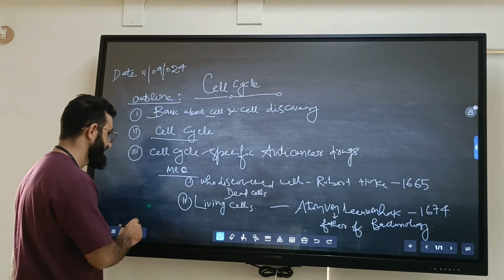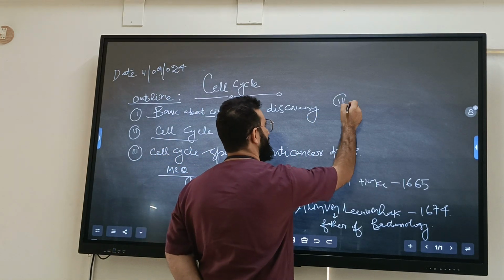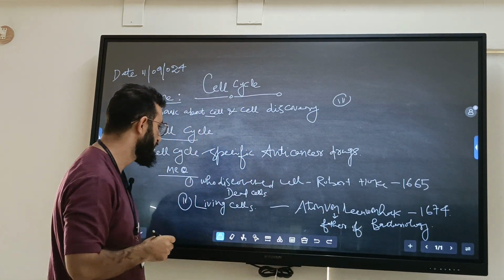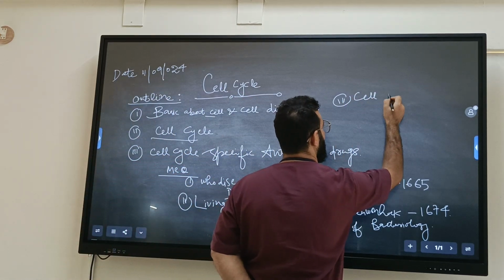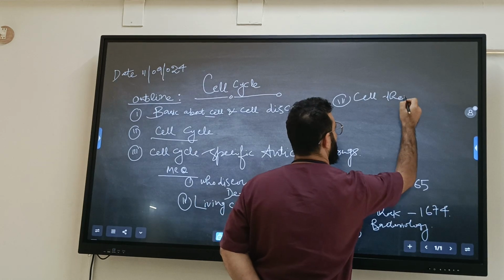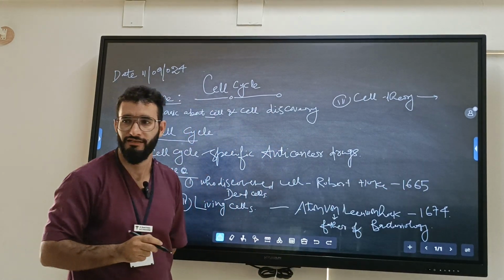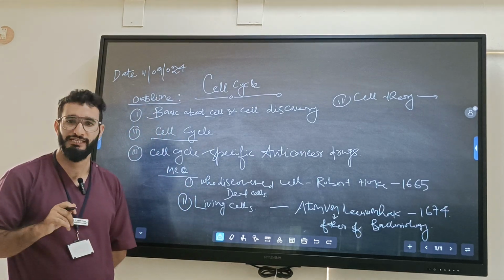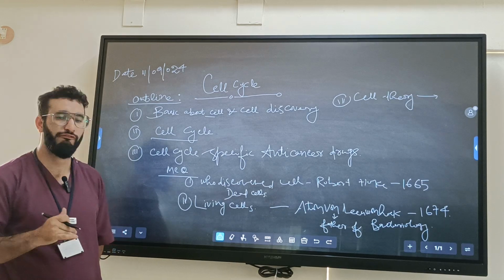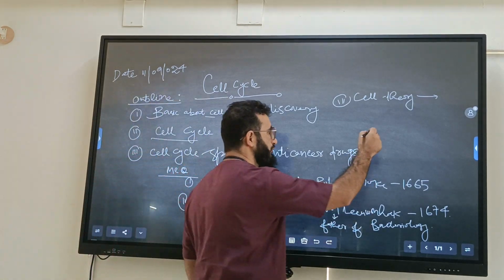Then the third point is, who gave the cell theory? What is cell theory? Cell theory states that every living organism is made up of cells. And who gave the cell theory?